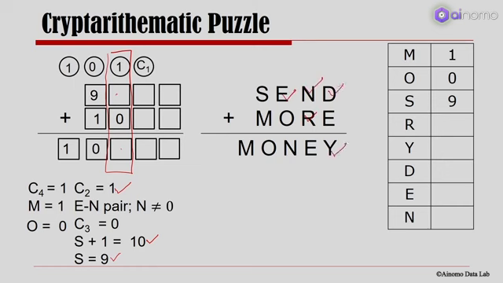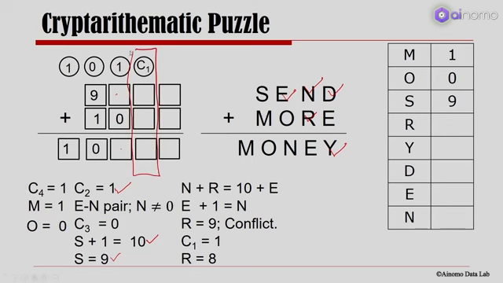D and Y. So I focus on my fourth column and I realize that N plus R must be E plus 10, because I need to carry over 1 there. So this value that I get in my fourth column must not be E alone, but E plus 10, then only I can carry over C2.